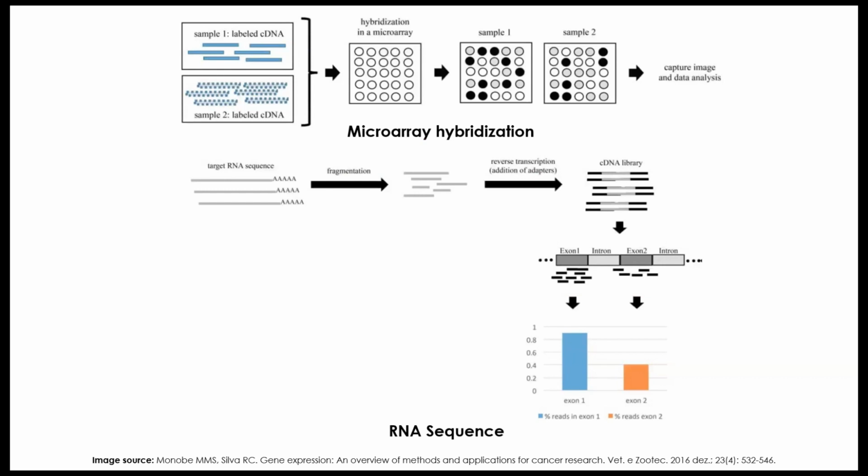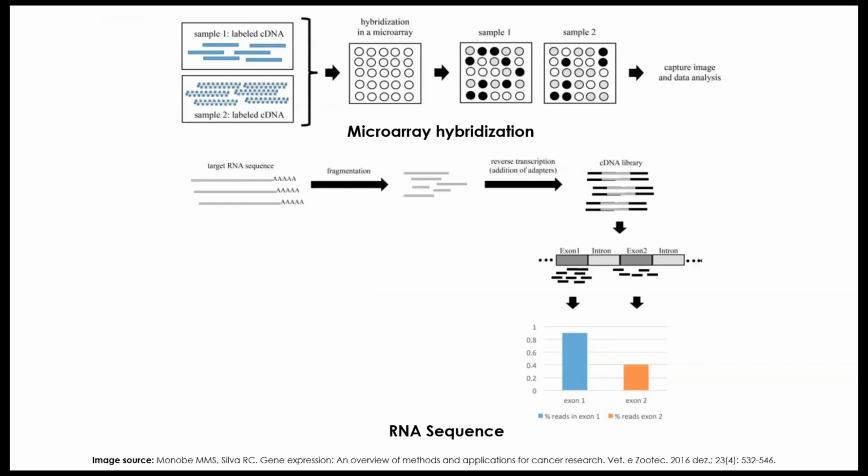However, there were several drawbacks with microarray hybridization. Basically, you have to know the genome or the transcriptome of the organism beforehand. You have to custom make the microarray to check the hybridization, and many times you cannot do it for the entire set of genes or transcripts present in the cell. That's why nowadays even microarray has become a very obsolete technology.